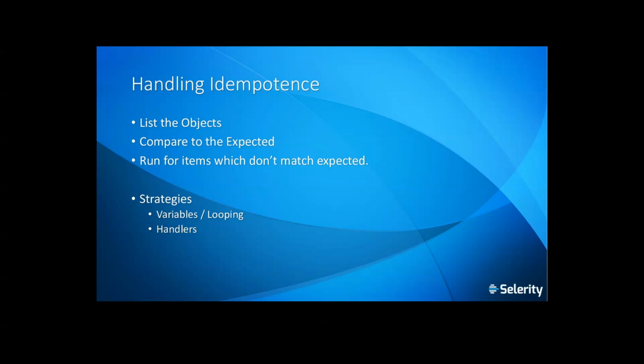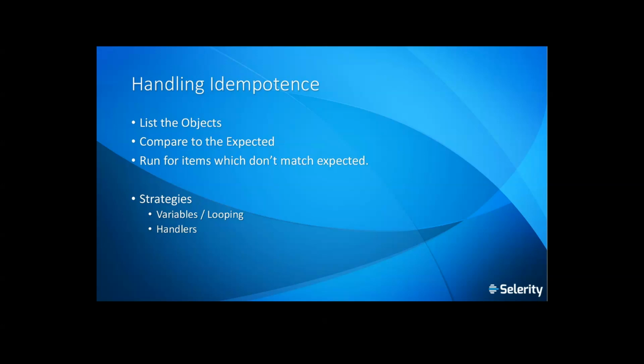So the strategies that we can employ for that is that we're using variables and looping concepts. So we create list variables of metadata objects. We loop over those and compare them against another list of expected values, and then using handlers.